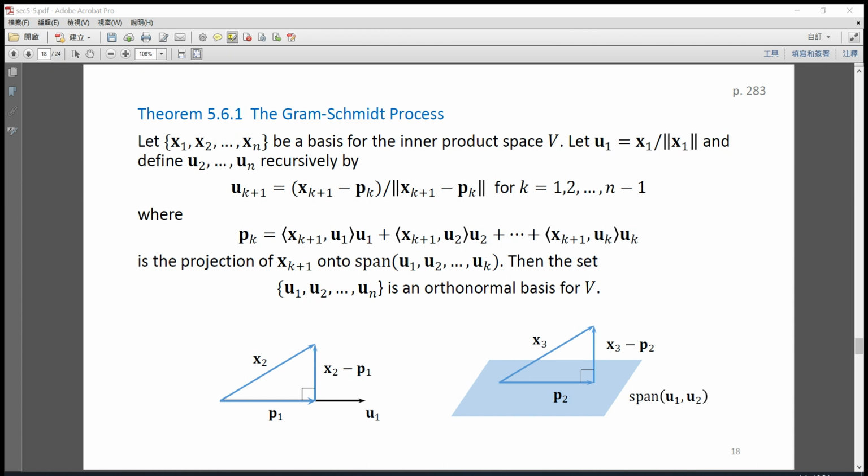Theorem 5.6.1 formally describes the Gram-Schmidt process.